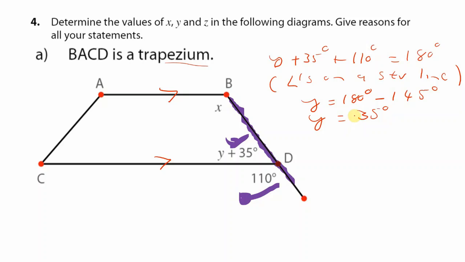So now that we have y, we can solve x because we have the U shape. Let me show you the U shape or the C shape. So here we go. We already have that leg. We have this now. So we have this angle and this angle. They are both interior, inside the parallel lines.